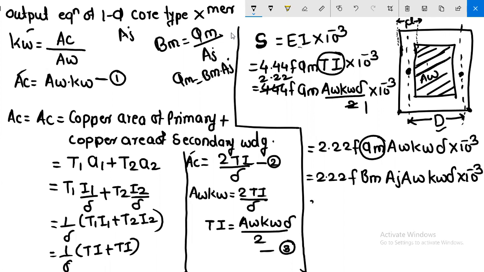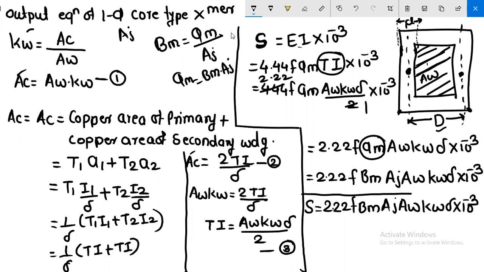So whatever we are getting, that is S is equal to 2.22 F Bm Ai AW KW del into 10 to the power minus 3. This is nothing but the output equation of the single phase core type transformer.